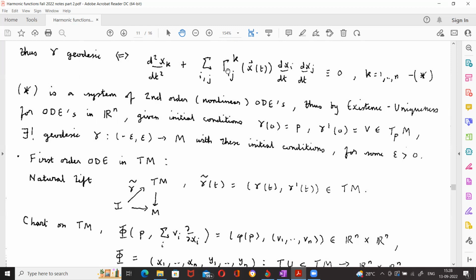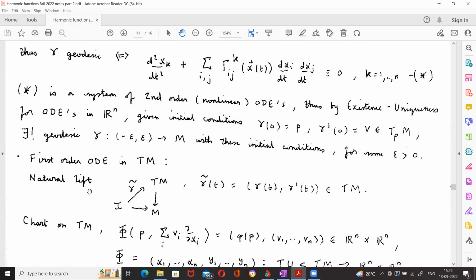We can convert this geodesic equation, which is a second order ODE on the manifold M, into a first order ODE on the tangent bundle TM.